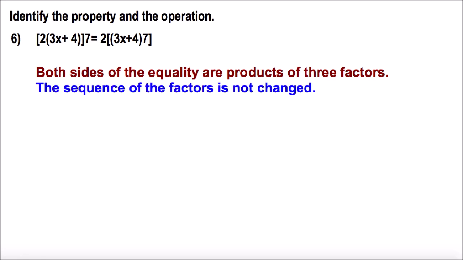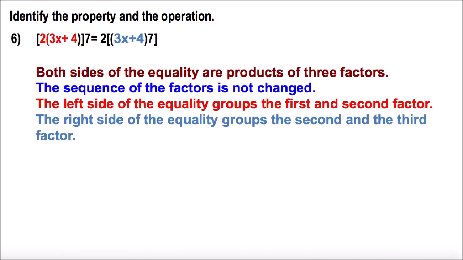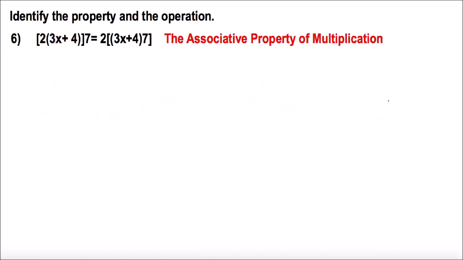The sequence of the factors is not changed, but the left side of the equality groups the first and second factor, 2 times the quantity 3x plus 4. The right side of the equality groups the second and third factor, the quantity 3x plus 4 times 7, which means that we went through the associative property of multiplication.